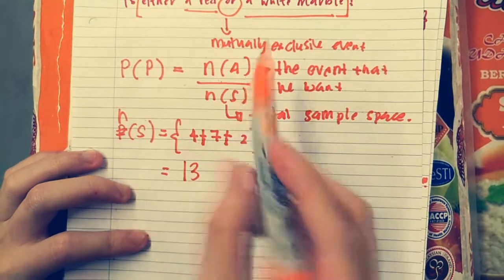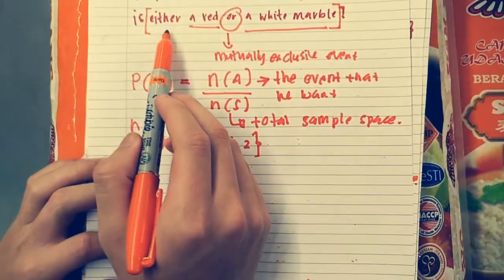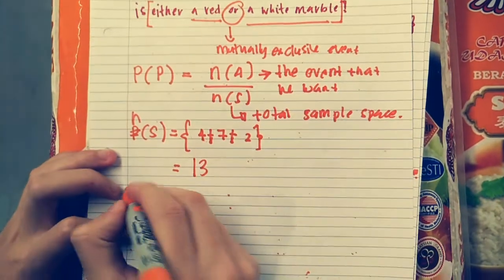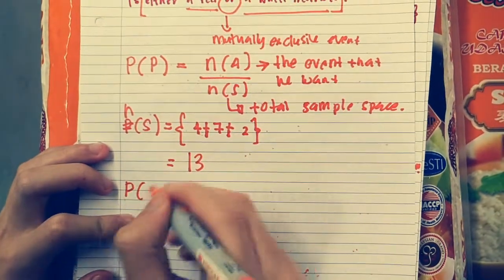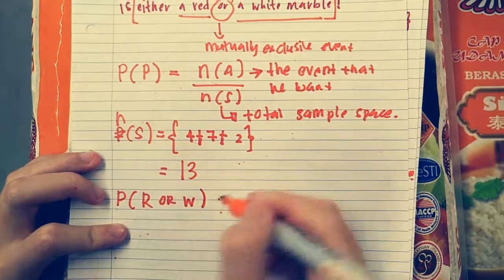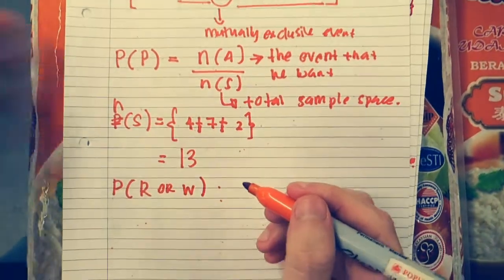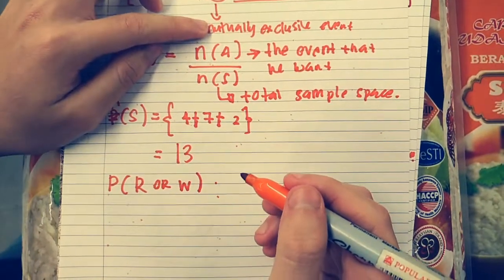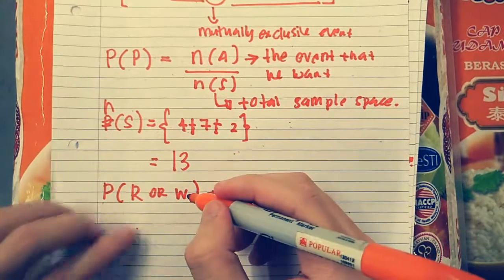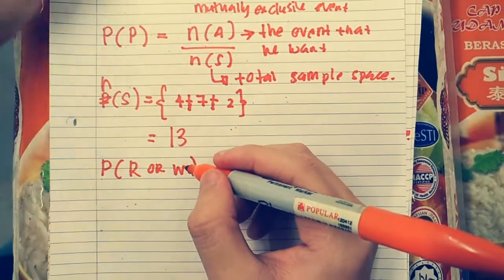So the question asks to find the probability that the pencil is either red or white, or probability red or white. Since we know this is a mutually exclusive event, it's easy for us. How many red do they have in the box?